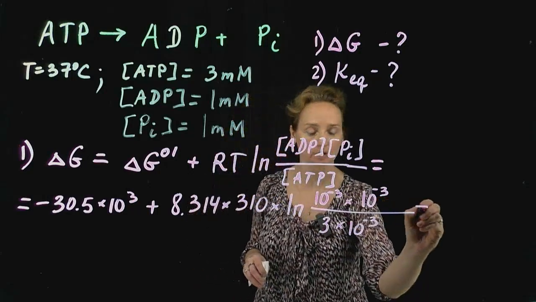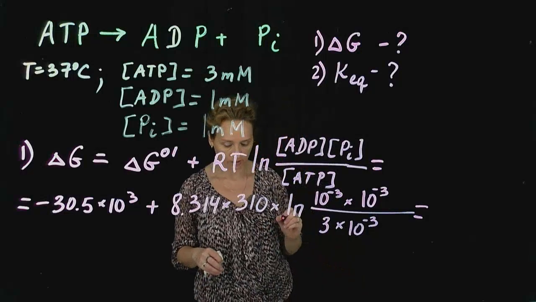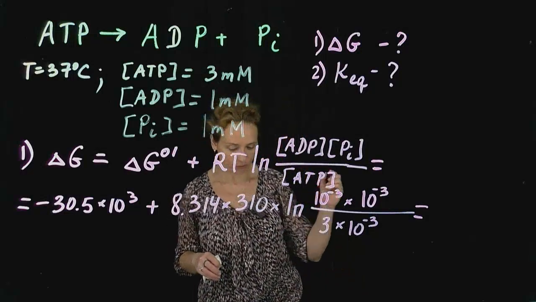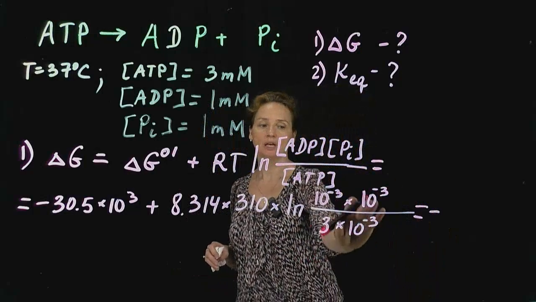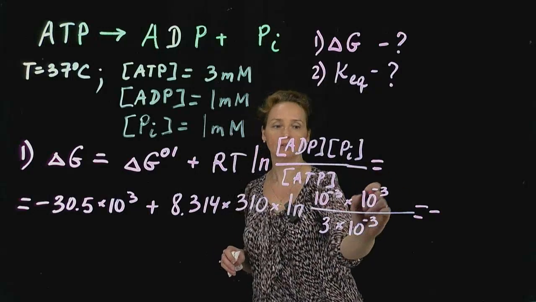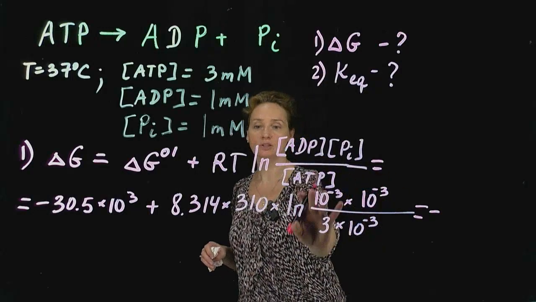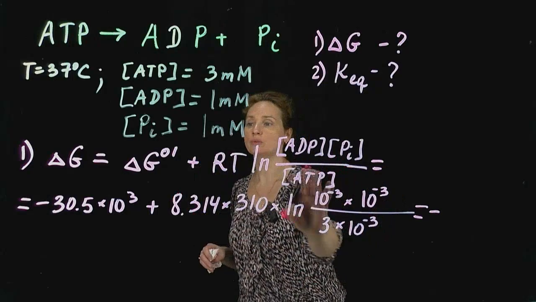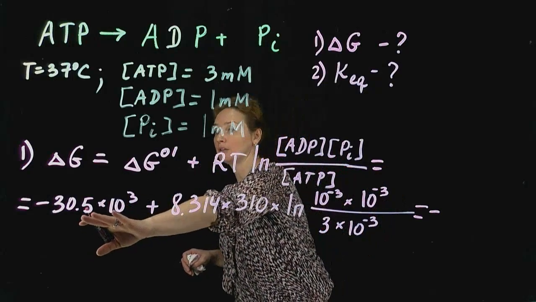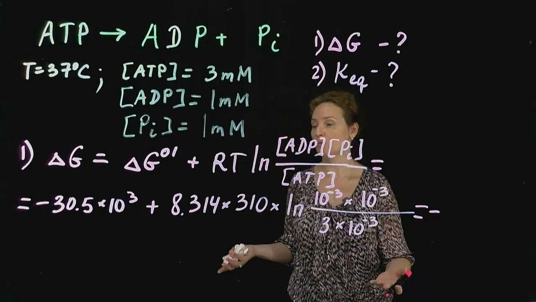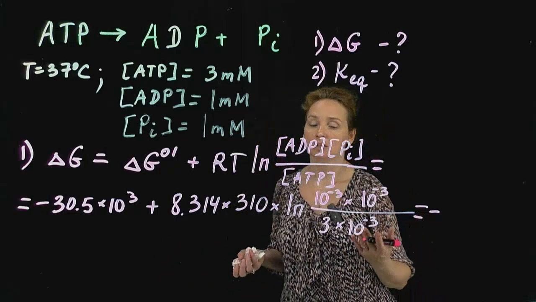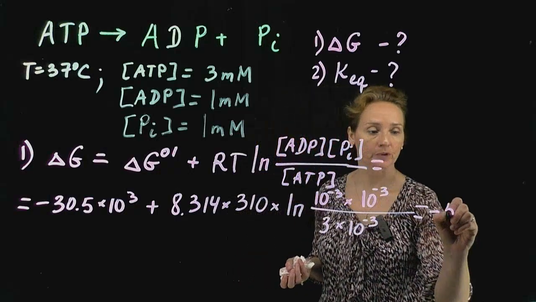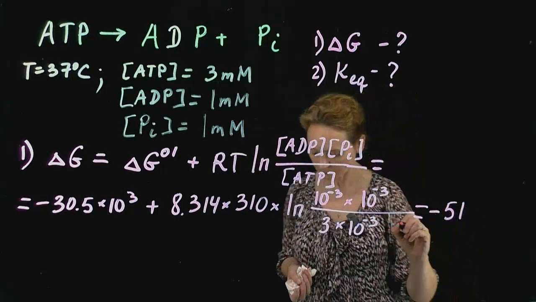And so once we calculate the numbers, we can cancel out that. The ratio will be less than 1, so the logarithm term will be negative, and plus we'll have another negative term. So now we are pretty sure that the overall energy will be negative.